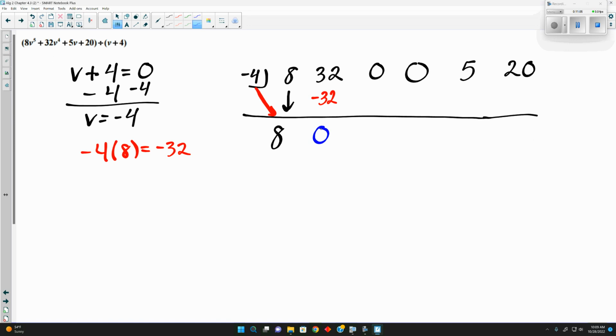Then we'll do the same thing, negative 4 times 0 is 0, 0 plus 0 is 0. Negative 4 times 0 is 0. So they're just all 0? Now 5 plus 0 is 5. Then we'll do negative 4 times 5, which is negative 20. And we'll put it under the 20.